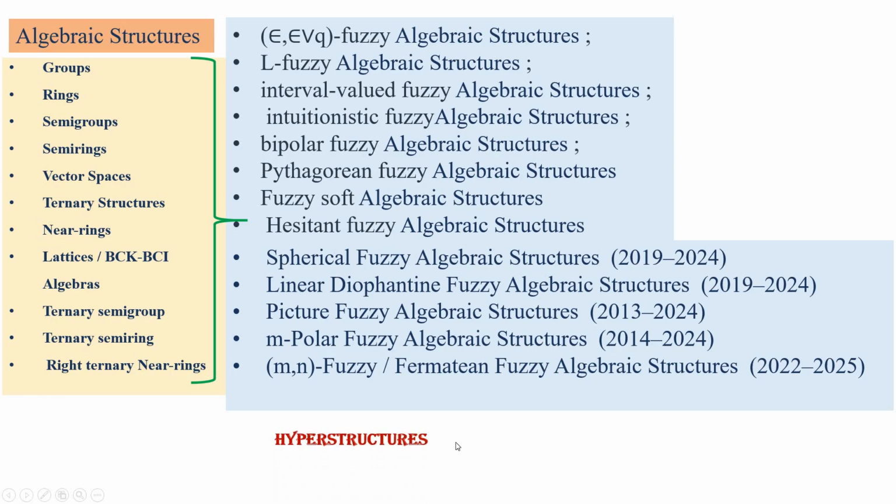And even hyperstructures, hypergroups, hyperrings, hyper semigroups, they can be dealt with separately, and attach fuzzy with that, like in RQ, fuzzy hypergroups, L fuzzy hyperrings, interval valued fuzzy hyper semigroups, something like that.